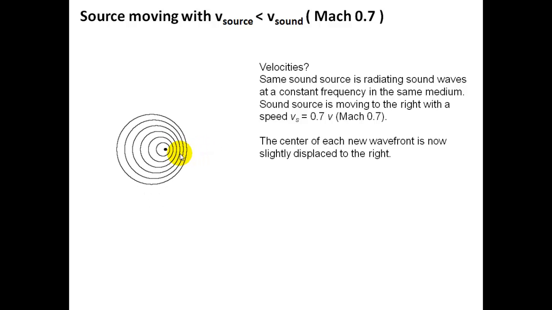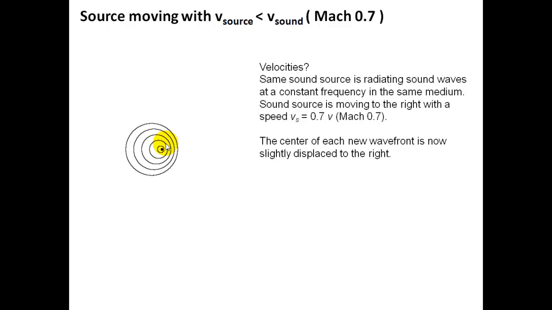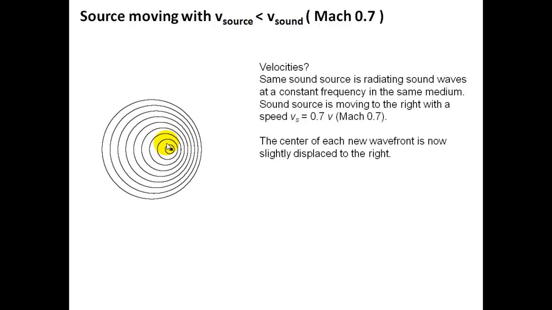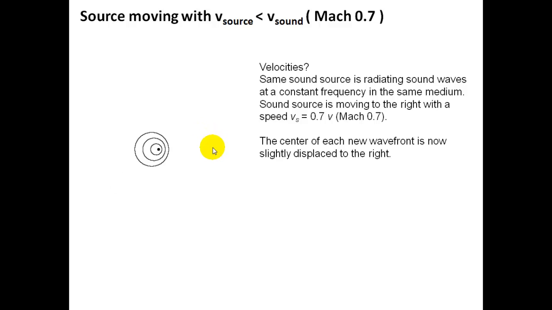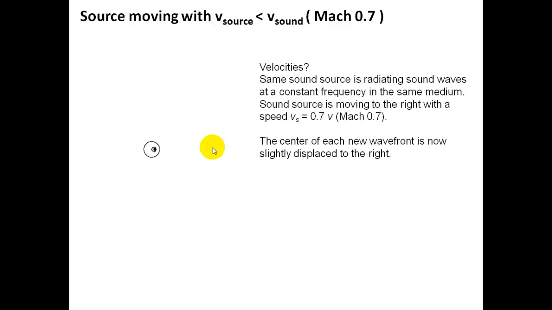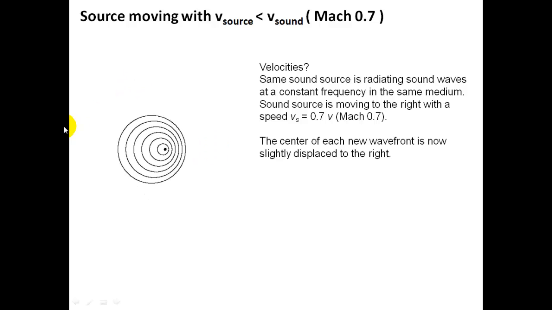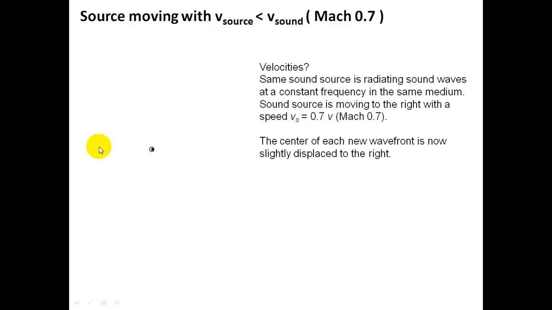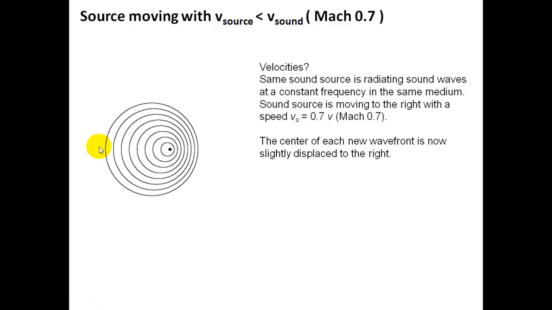One way of looking at it is that the center of each new wavefront is now slightly displaced to the right when it is caused. So effectively the waves get bunched up, the wavelengths get shorter, and the frequency is higher. If you observe from the other side, you notice that the wavelengths are spread out, the wavelength is longer, and the frequency is lower.